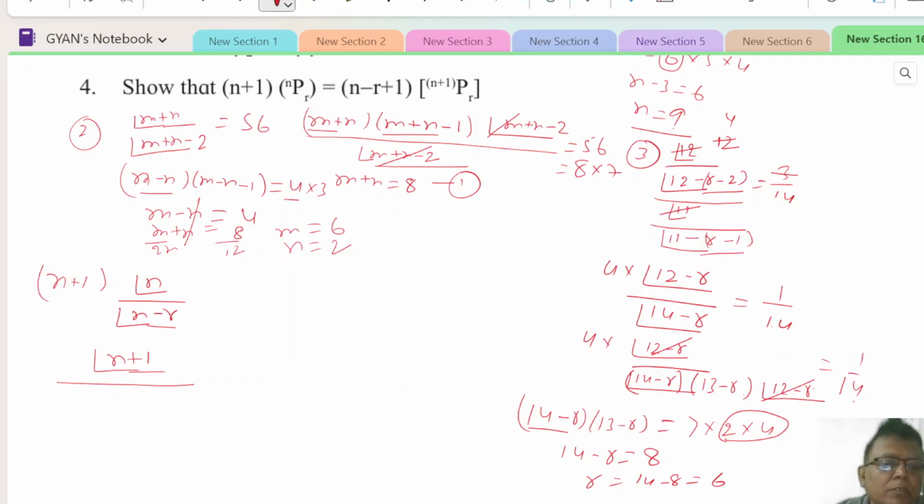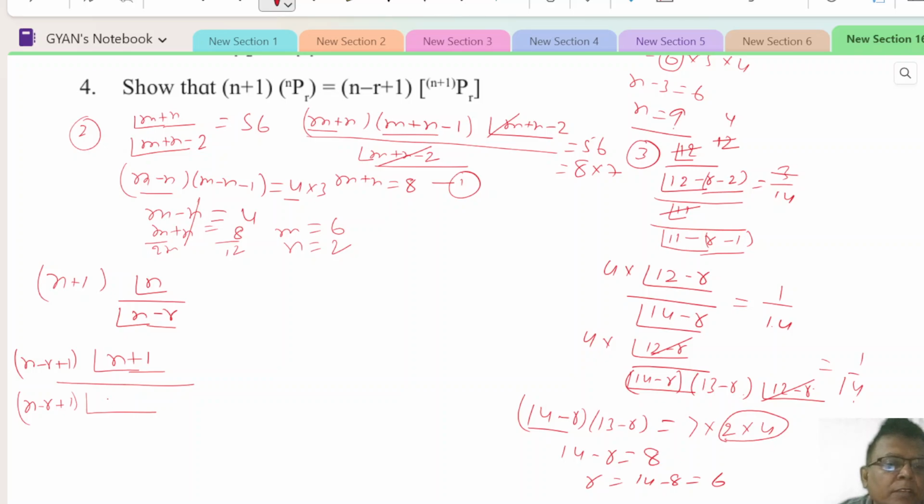So you do one thing, you multiply (n minus r plus 1) in the numerator as well as in the denominator. So that you have done.